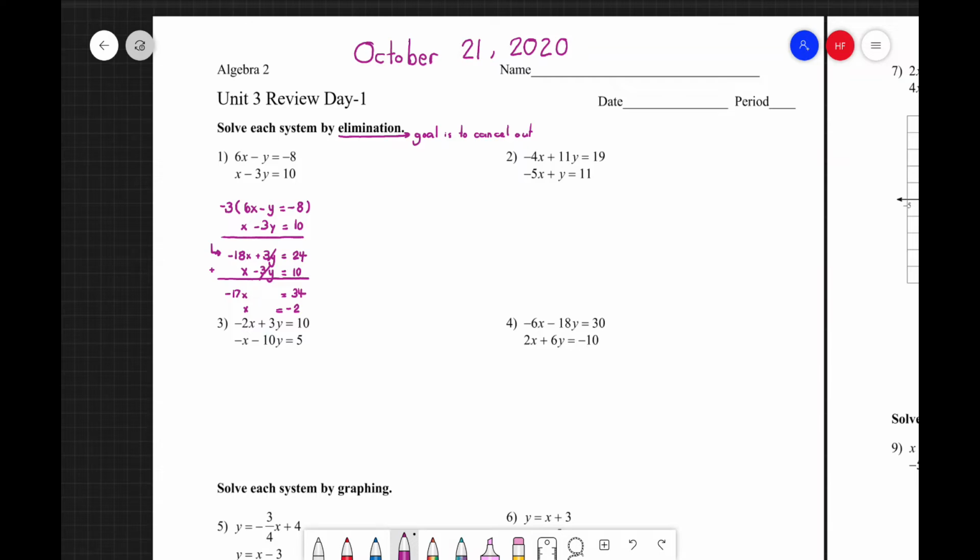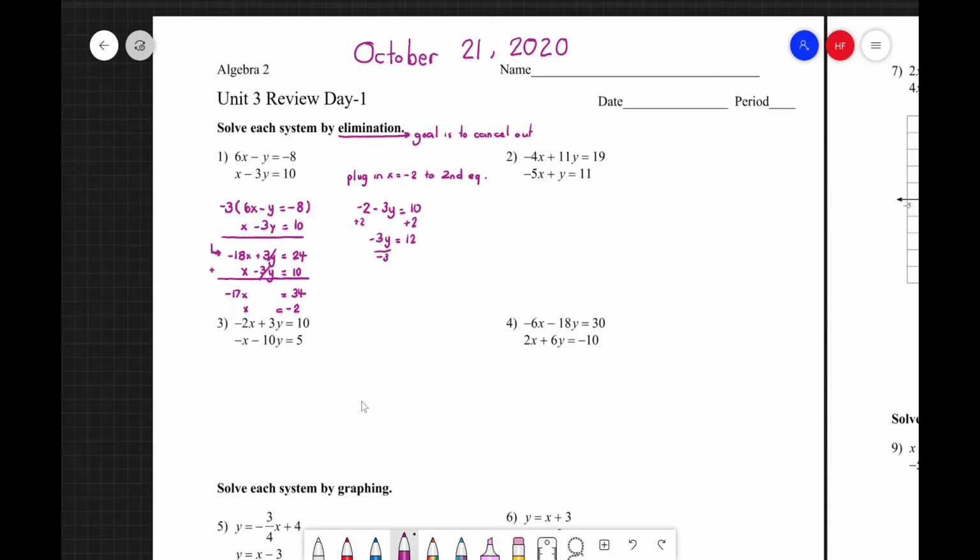So now that I know what x is, I can plug it into either of these equations. Let's plug it into the bottom one. So I have negative 2 minus 3y equals 10. Add 2. Negative 3y equals 12.